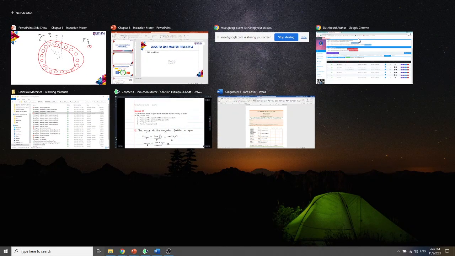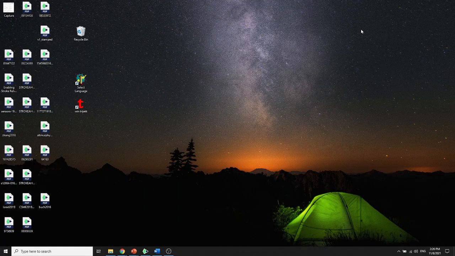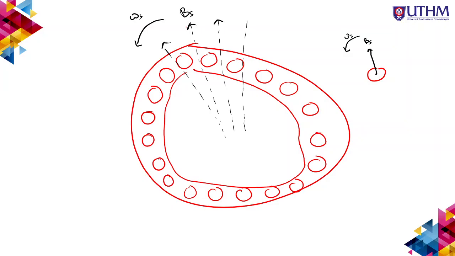When there is a magnetic field moving, what happened to the wire, and what is the direction of the velocity? In order to get the velocity, we will look at the relative motion, or the relative velocity.